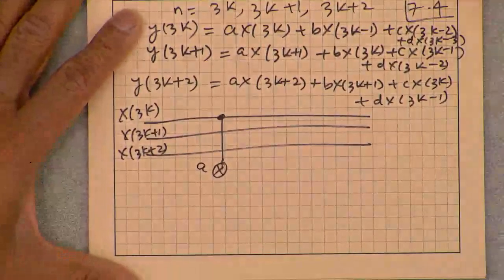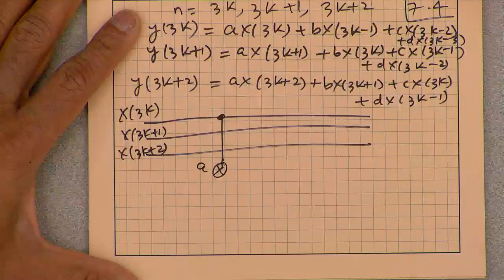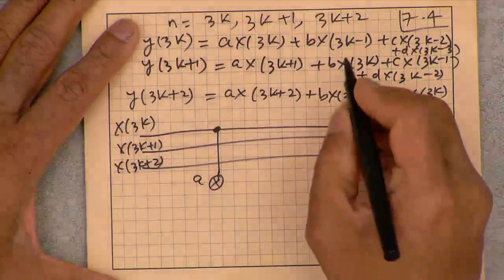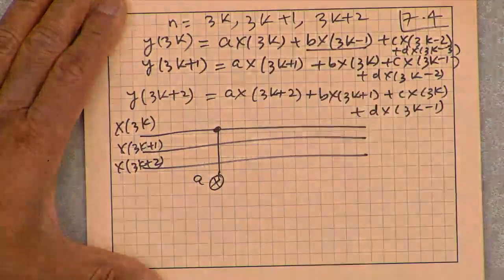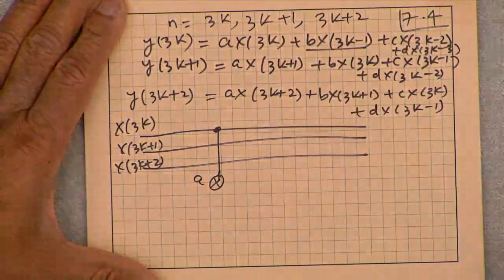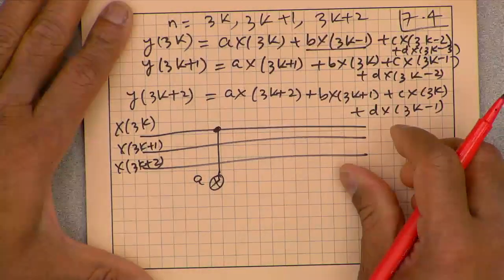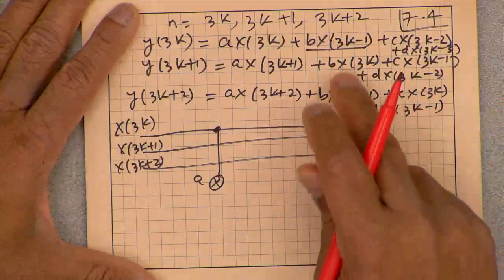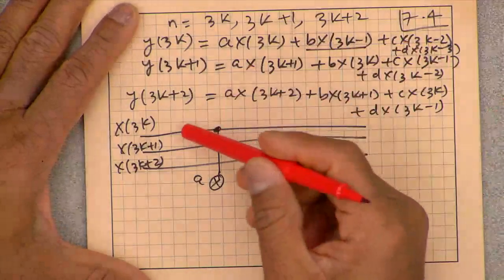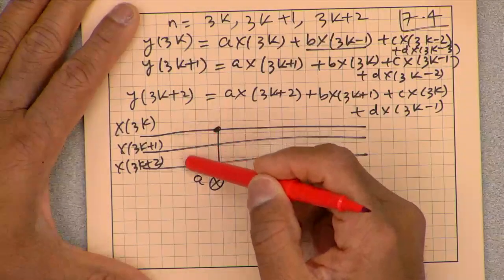Okay, so I want to compute b times x 3k minus 1. Any idea where x 3k minus 1 is? Is it in this wire, top, middle, or bottom?